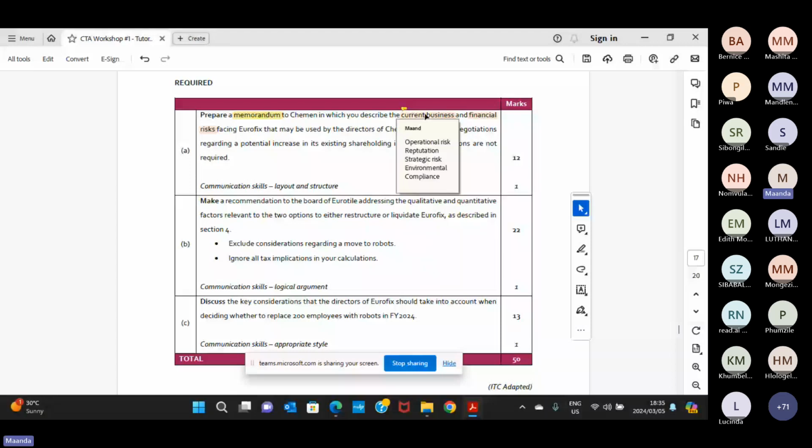They're saying that you describe these risks facing Eurofix that may be used by the directors or chairman to influence negotiations regarding a potential increase in its existing holding in Eurofix. And we are told that calculations are not required, so you don't have to do any calculations. So I expect you guys now to then have one.